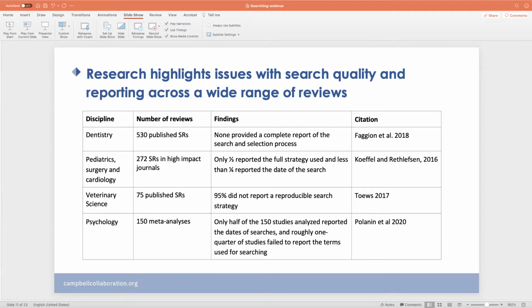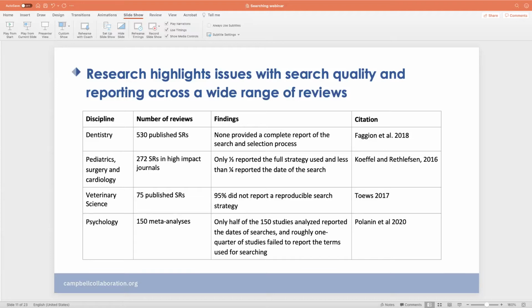And I've added a few examples on this slide of some work that's been done to look at the systematic reviews published in discipline-specific journals. So for example, a 2018 study that looked at 530 published systematic reviews in dentistry found that actually none of them had provided a complete report of the search and selection process.